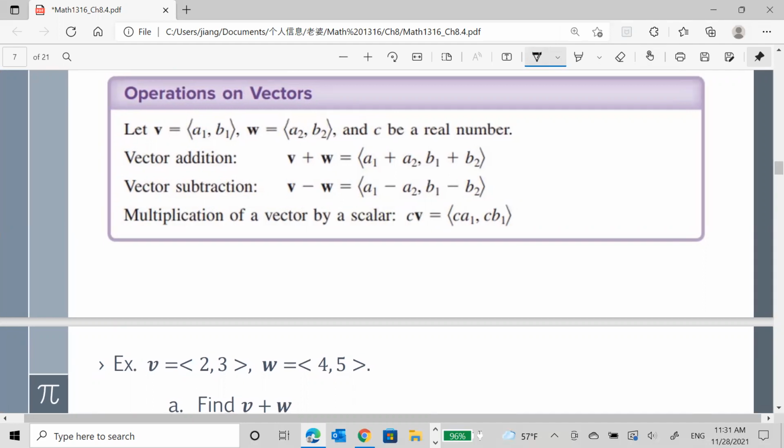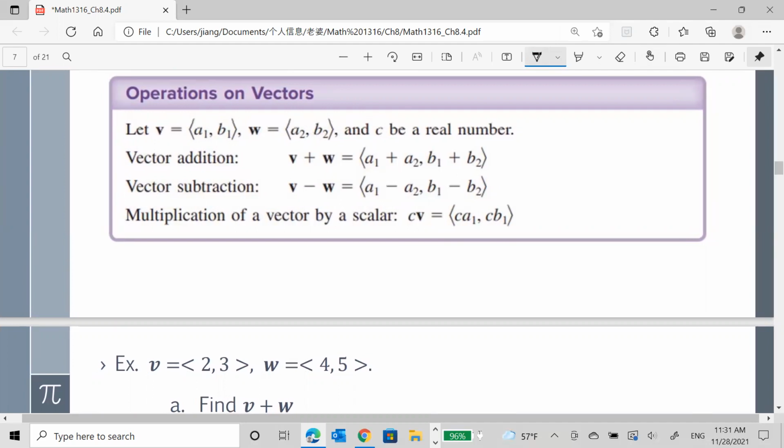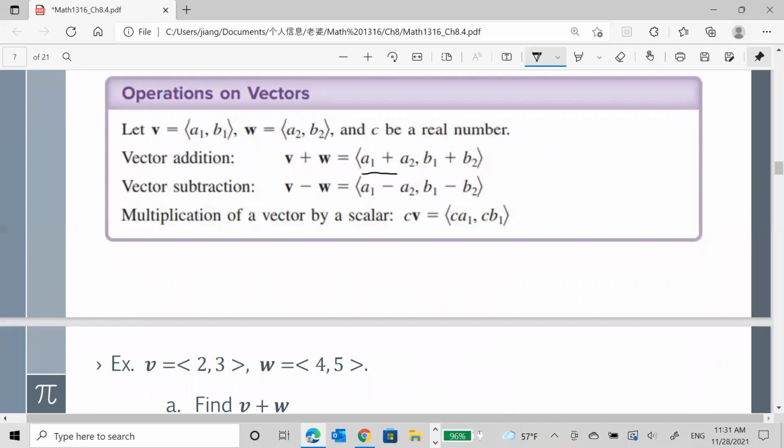Vector addition: if I add v and w together, a1 plus a2, add the a parts together, and b1 plus b2, add the b parts together. If v minus w, that equals a1 minus a2, subtract the a part, and then b1 minus b2, subtract the b part.